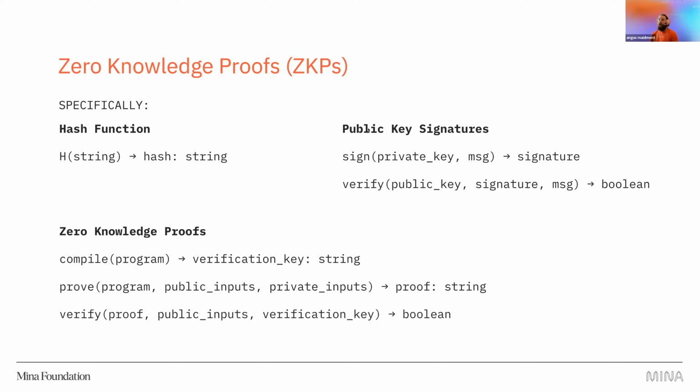You can use public key signatures. So a public and a private key pair. You can use the private key to sign some message or a piece of data, which produces a signature. Then if you give somebody else this message or data and the public key, they can verify with the verification function that this signature means this piece of data has been signed by that private key.